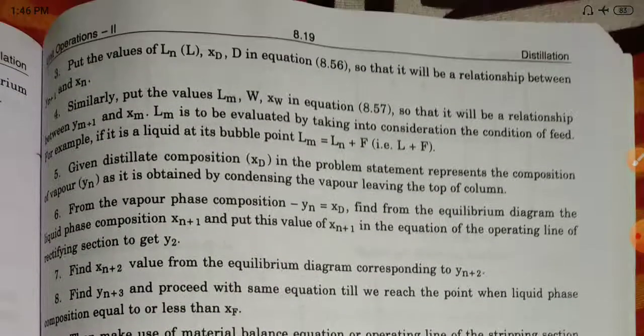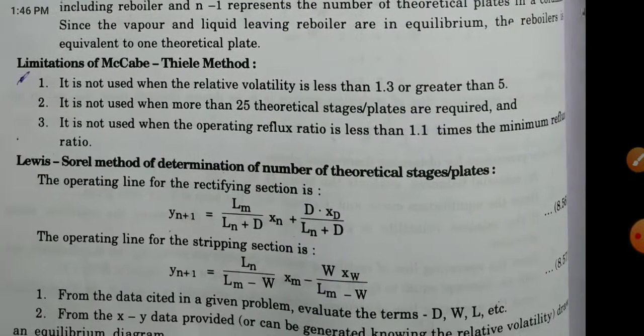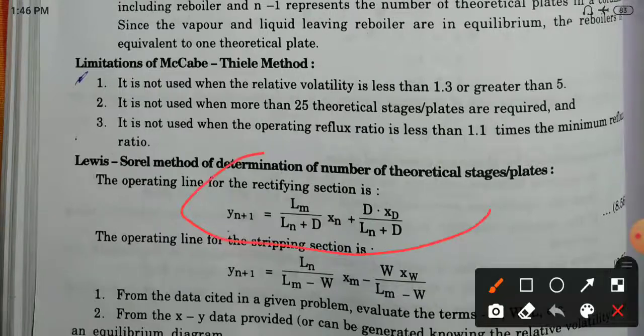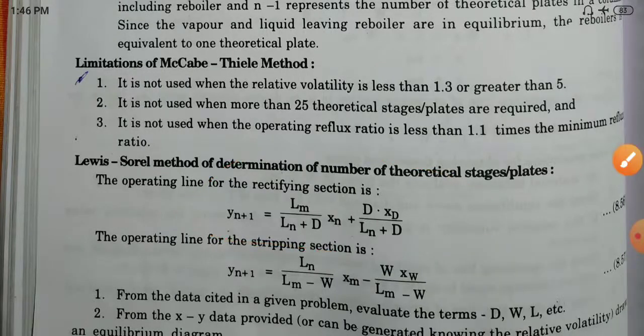For step number 3, put the values of Ln, that is L, xD and capital D in equation 8.56. We have to put the values in this, and we will see the q line in it.